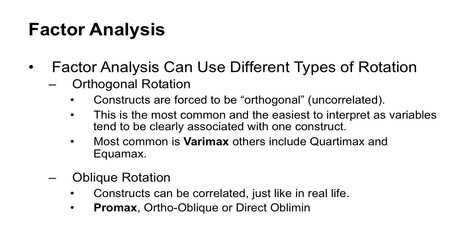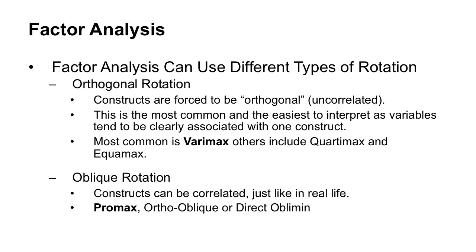The first is an orthogonal rotation. Orthogonal is simply a complex word for uncorrelated. This tends to be the most common and is the easiest to interpret as the variables tend to be clearly associated with one construct. The most frequently seen type of orthogonal rotation is Varimax, but others include Quartimax and Equimax.